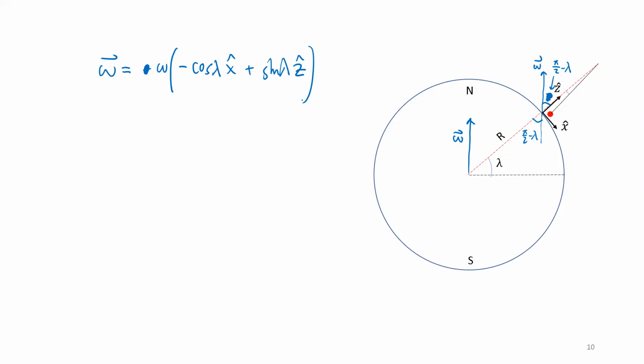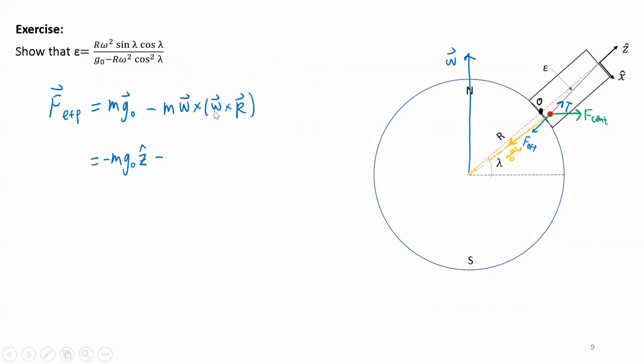Okay. Right. So if you just break down the two components by yourself, you should be able to get that this omega vector is given by this. Okay. So then now I'm going to plug it back here. Right. So I want to work out the cross product.